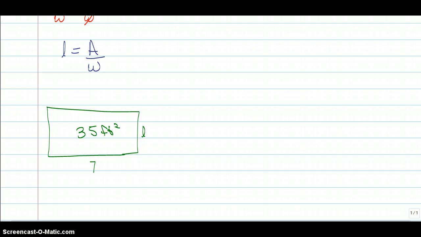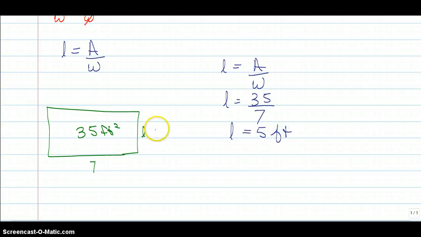I'm just going to plug it into my new equation because I know that the length is equal to the area divided by the width. So the length is equal to 35 divided by 7. So the length of my other side is equal to 5. So this side is 5 feet.